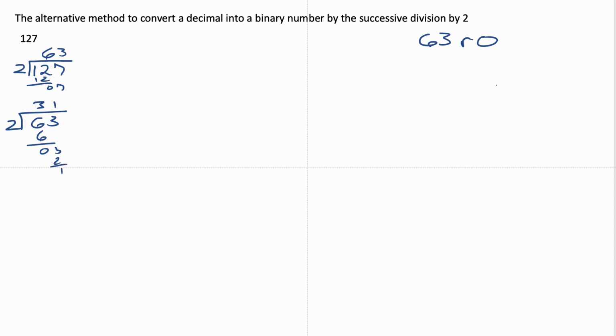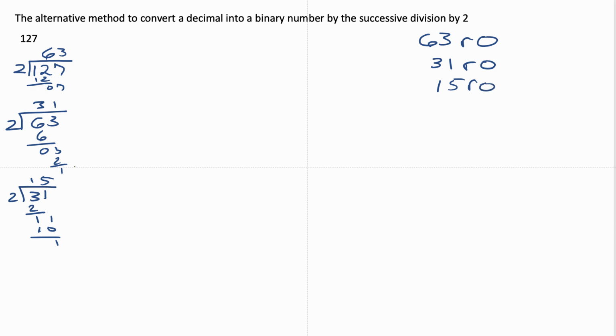So now we have 31 remainder 0. Then we take the 31 and divide it by 2, which is 15, and 1. So now we have 15 remainder 0.